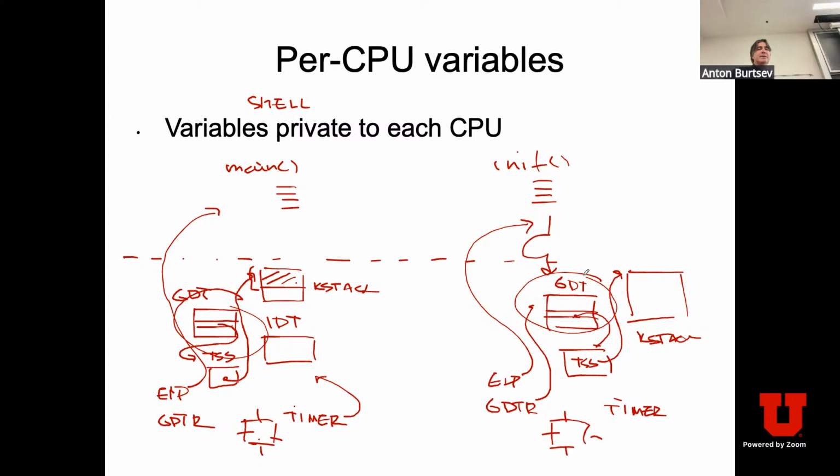If we chose to have these as a single instance, there's probably still a way to share them by choosing different entries in the global descriptor table, but x86 essentially chooses to use different global descriptor tables, which have pointers to different TSSs, and different TSSs have pointers to different kernel stacks.